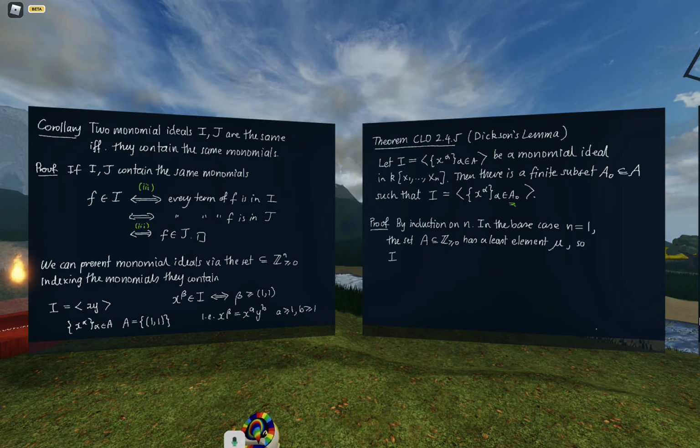And then it's clear that if I take all the powers that are in A, all of them are divisible by x to the power of the least one, mu. So that's just the ideal generated by x to the mu, which is a finite set of monomials. So the base case is easy.